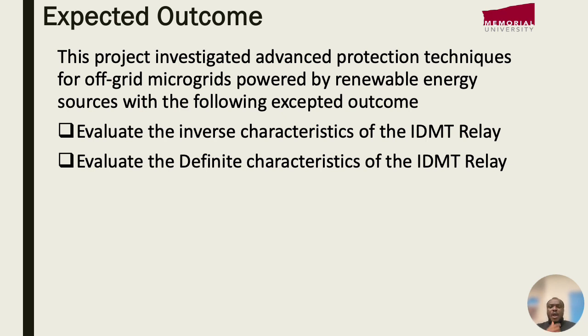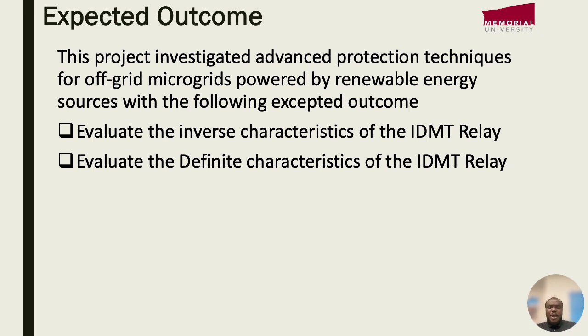We would want the relay to trip when the fault current is increasing exponentially, but when the fault current is minimal or very small, we do not want false tripping that puts up the system, which makes the power system unreliable.